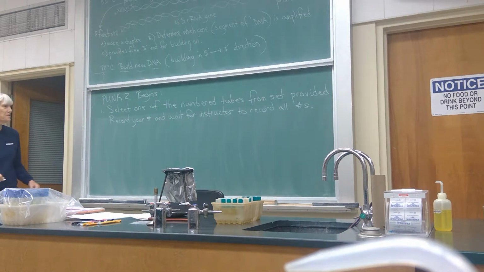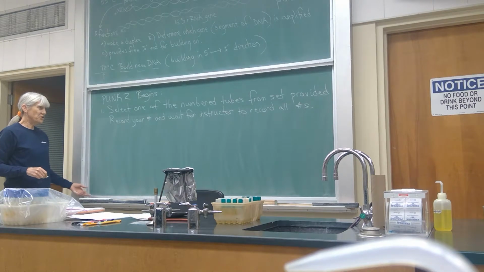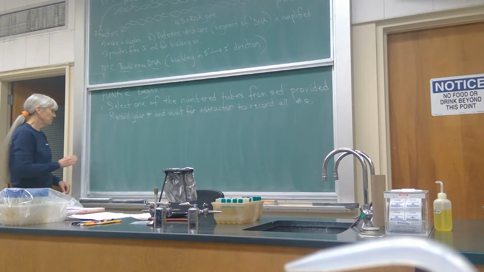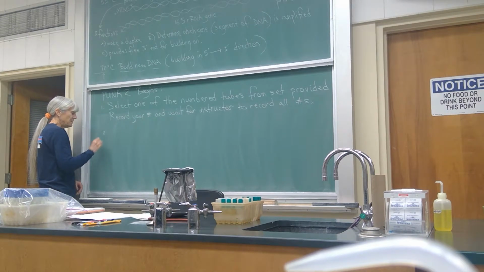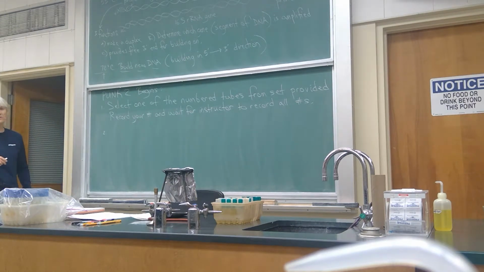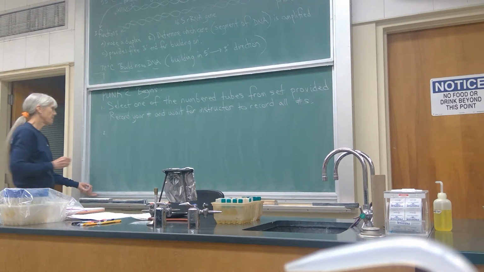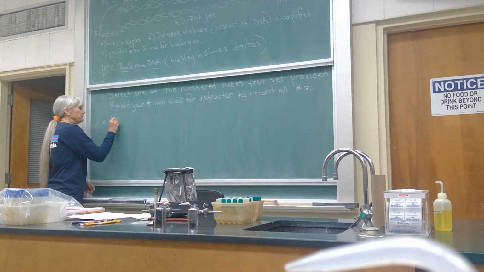Eventually they'll get back in the basket, but for right now, just make sure you record your number someplace and then hang on to the tube until I get a chance to call roll. The next thing you're going to do is transfer a 2 millimeter ball of cells using aseptic technique.